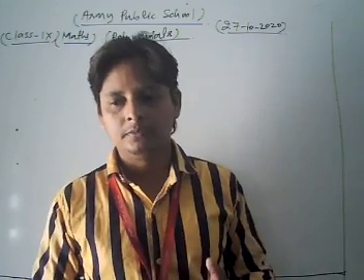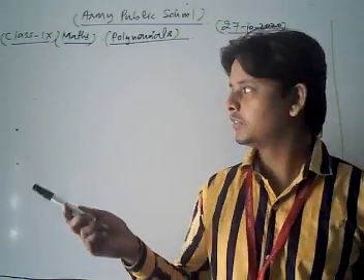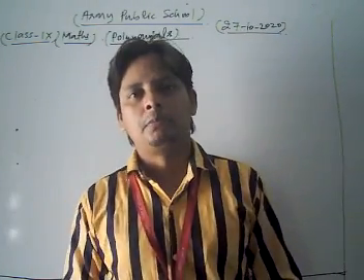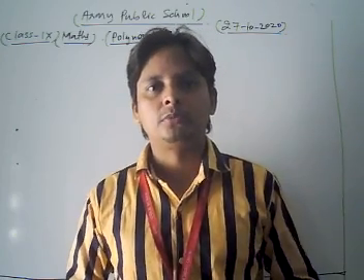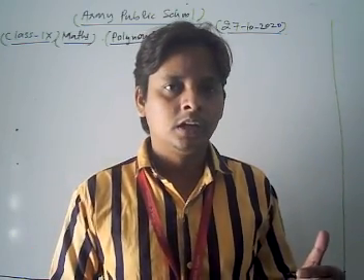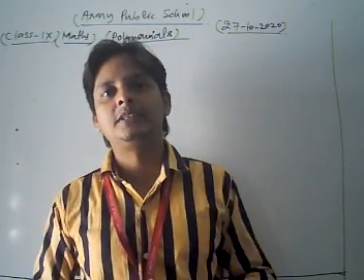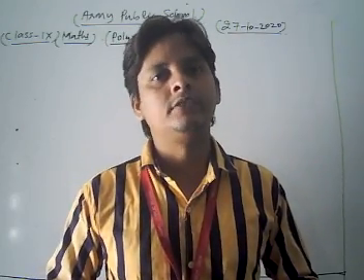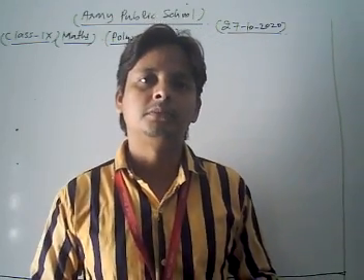Dear students, first of all, in previous classes we already discussed polynomials. What is the concept of a polynomial? A polynomial is an algebraic relation between constants and variables, having some algebraic expression.